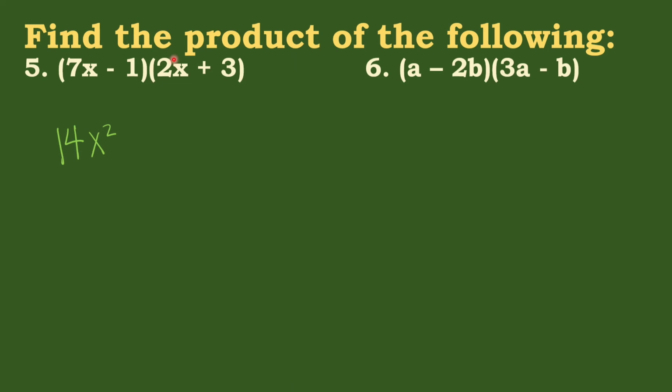So combining this outer and inner, the outer is 21x and the inner is negative 2x. So that would give us what? Positive 19x, right? And then negative 3 for the last terms.